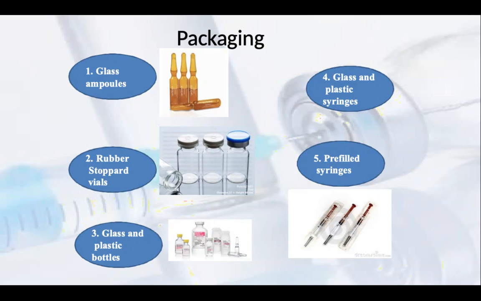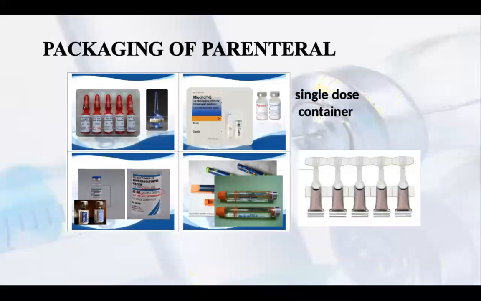Now you can see these ampoules and vials. You can differentiate between an ampoule and a vial, which you learn in industrial pharmacy. An ampoule has a different shape and a vial has a different shape. And nowadays plastic ampoules are also available.